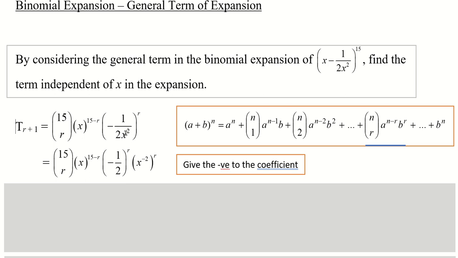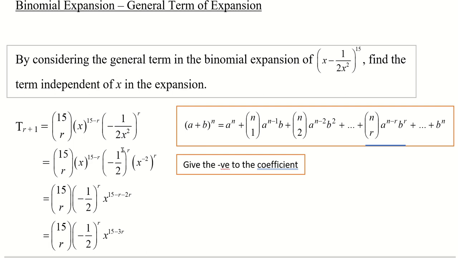Okay, x squared at the denominator is x power negative 2. Important to note that this negative sign, give it to the coefficient. Give it to this half, so you have negative half. Don't have the negative at the x part. So once you have split out this, you'll notice that this x and this x here, later you'll be able to combine them together.